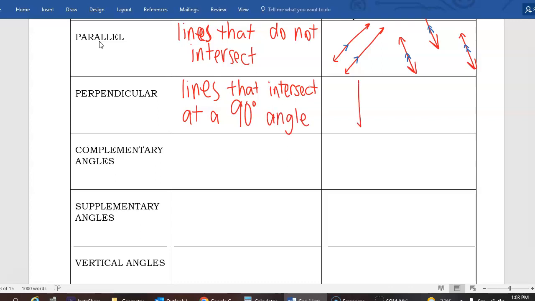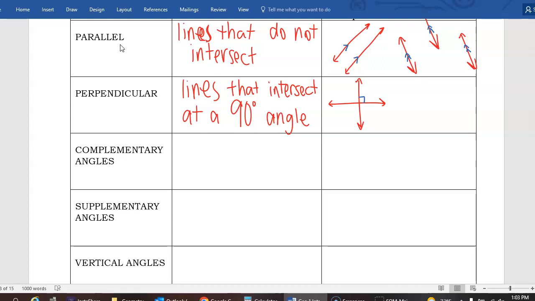So I'm going to have a line here and then a second line here. And we are going to add that little blue marking in the corner showing that we have a 90-degree angle here, so we know that those lines are perpendicular.